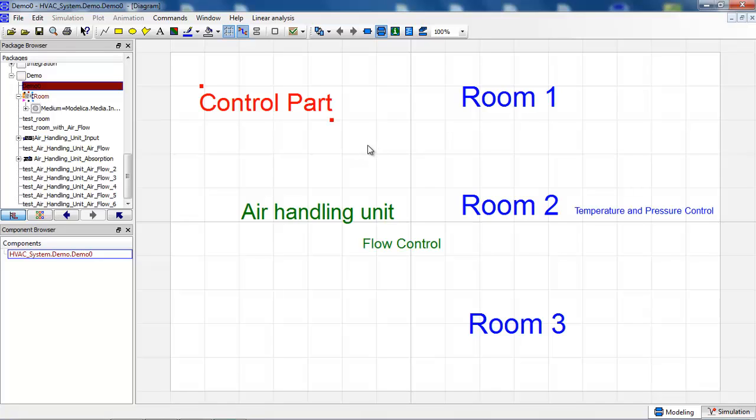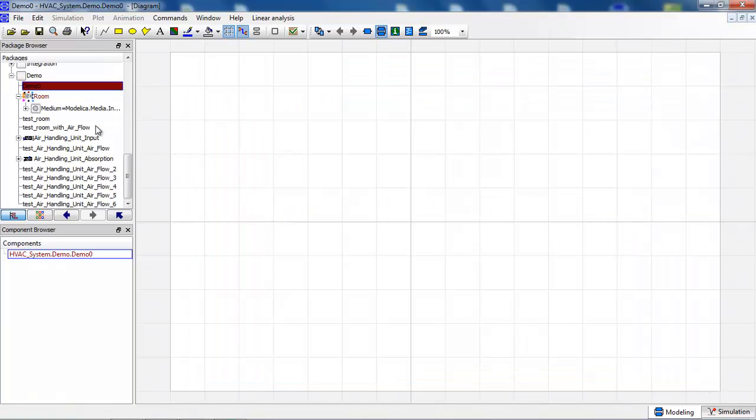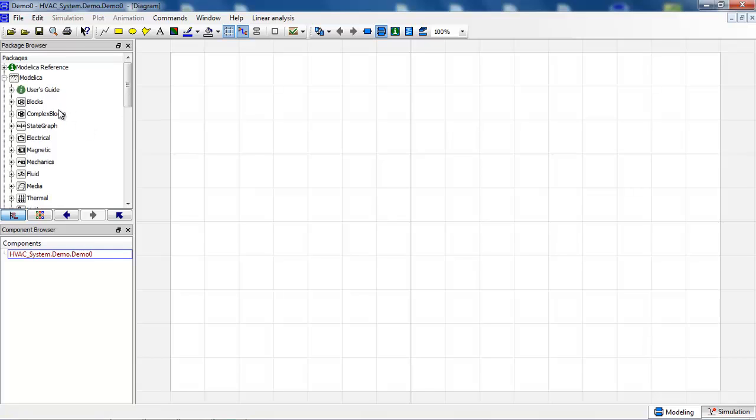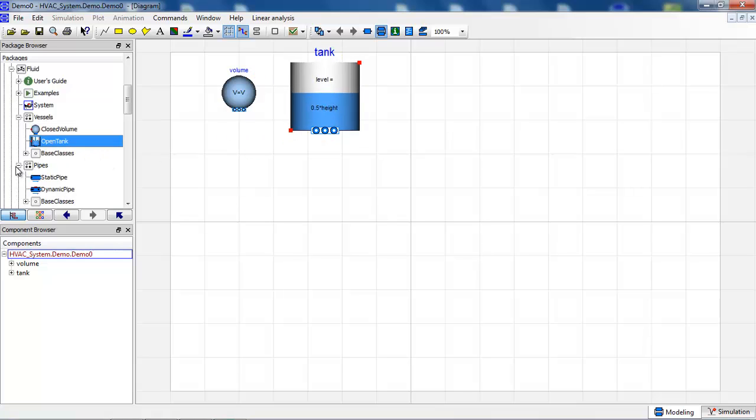So to demonstrate how to do so in Dymola software, I will first investigate with you some components that are provided with the software from the fluid library. So first we have closed volume and open volume. We can also have pipes.